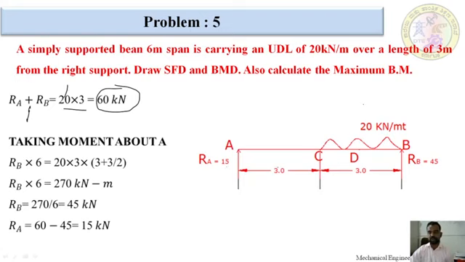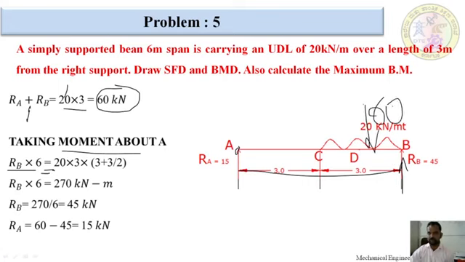After that we want to determine the RB value. For that we have to take moment at A point. For RB, we consider force into distance. This RB value into this distance up to A point. How much are we having? RB into 6 is equal to the downward force, which is 60 kilonewton. Now we have converted the UDL into point load at this position: 20 into 3 is the conversion of UDL into point load, into this distance.